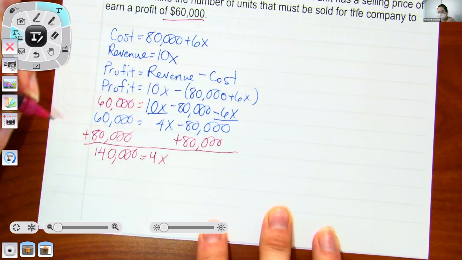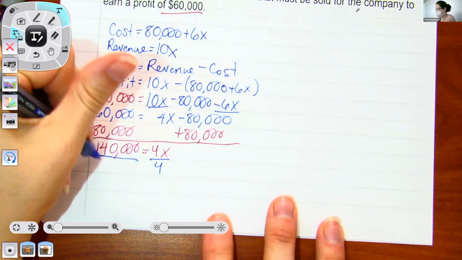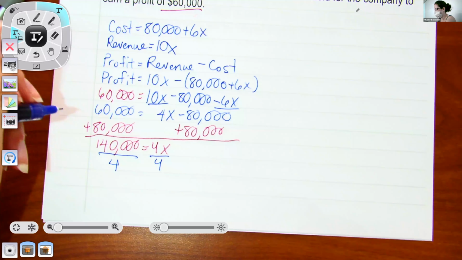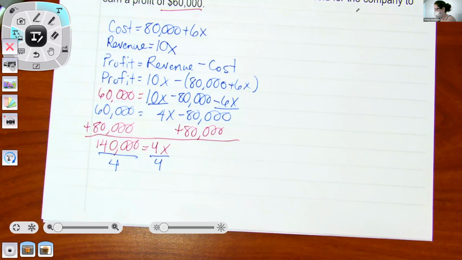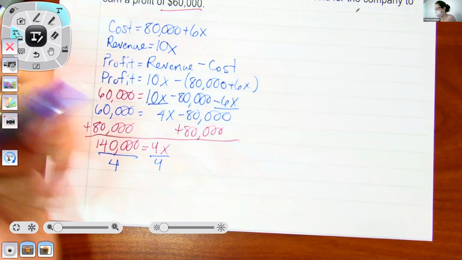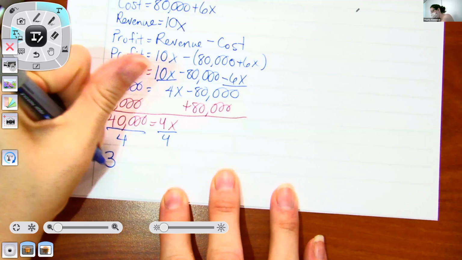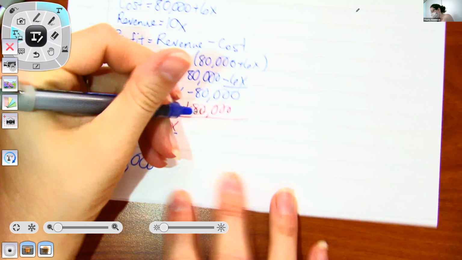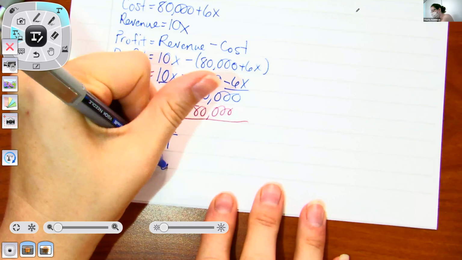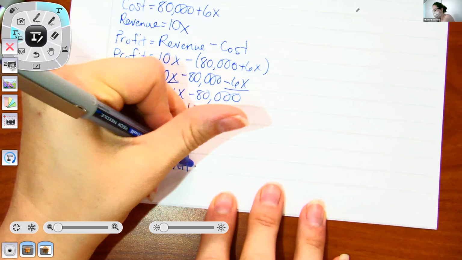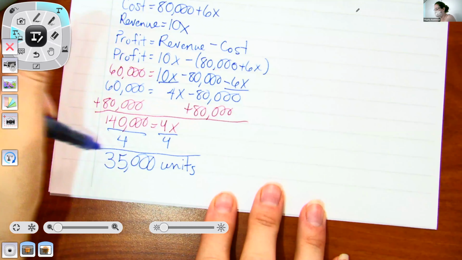And then you can just divide both sides by 4. And that's 35,000. So that's 35,000 units of the product that they need to produce and sell to make a profit of $60,000.